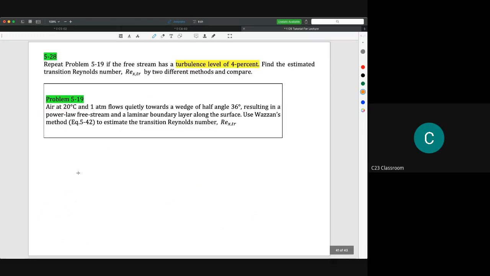Okay, let's move on to question 5.28. Repeat problem 5.19. If the free stream has a turbulence level of 4%, find the estimated transition Reynolds number by two different methods and compare.